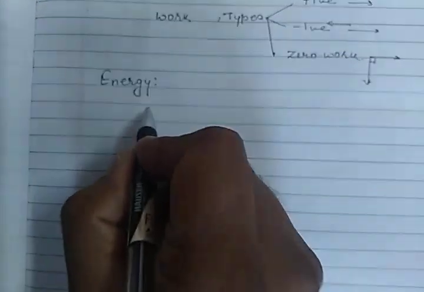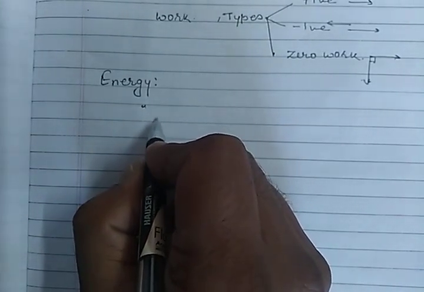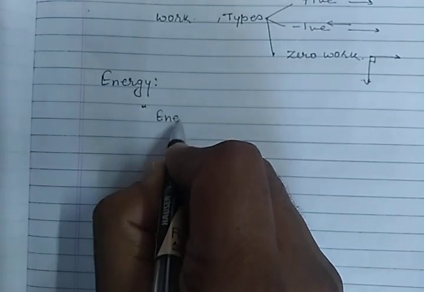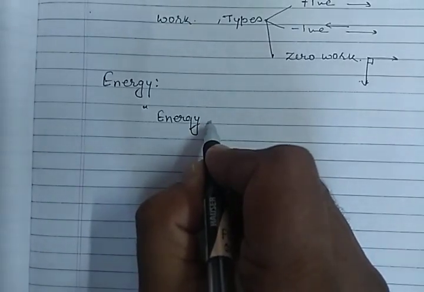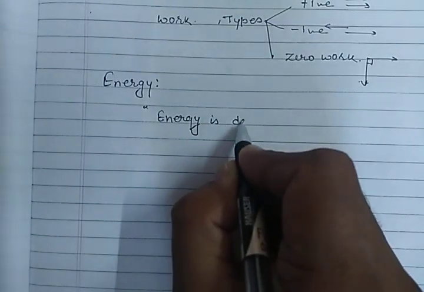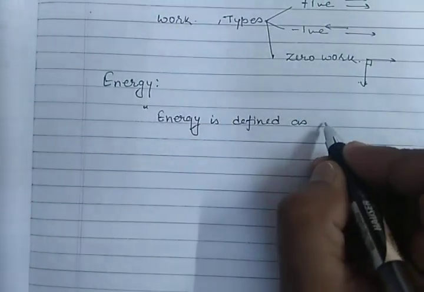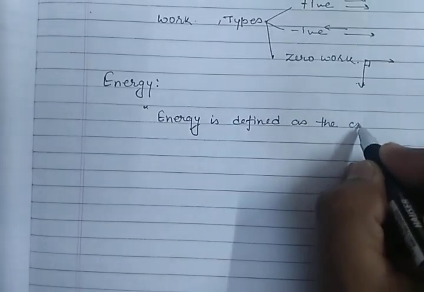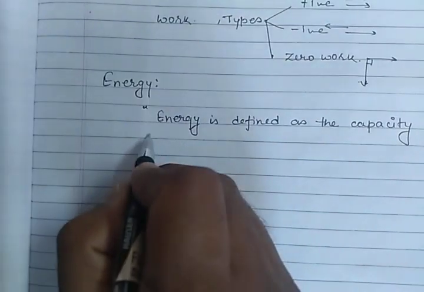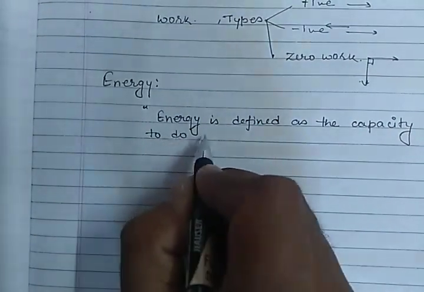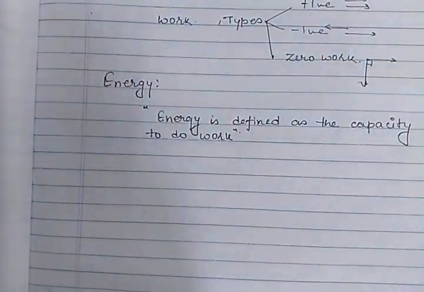So we have a very general definition of energy that says energy is defined as the capacity to do work.